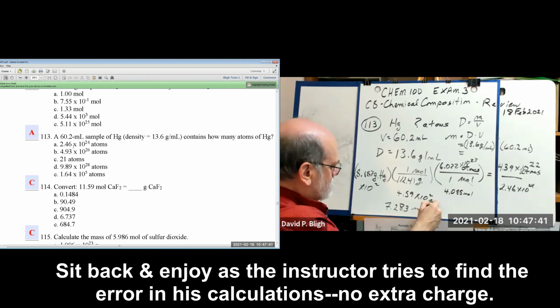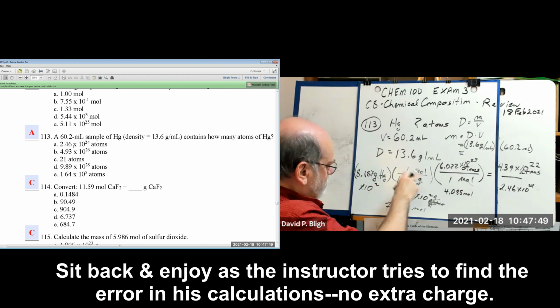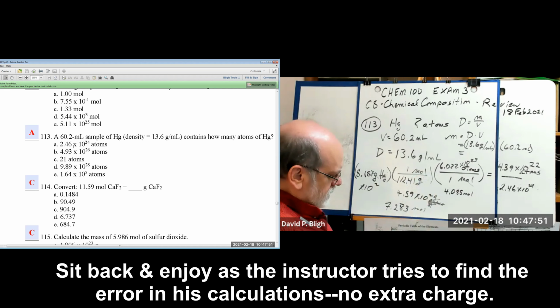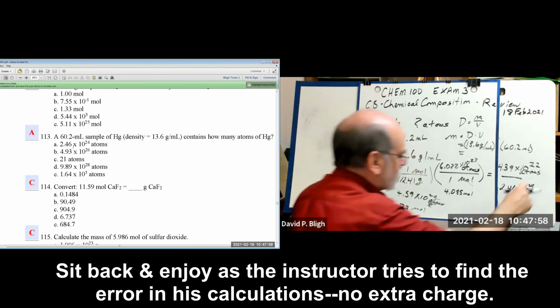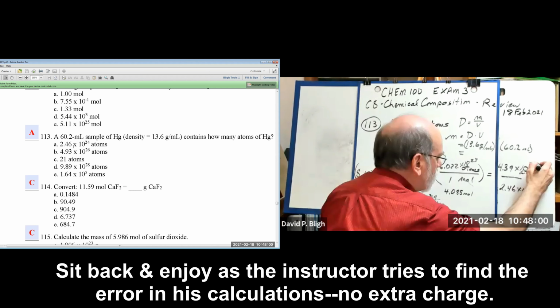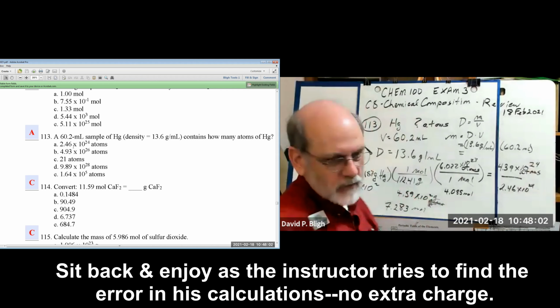That's moles. No, it's grams. That's grams. And that's moles. 7.283 moles. And then times 6.022 exponent 23. I get 10 to the 24. 4.39.